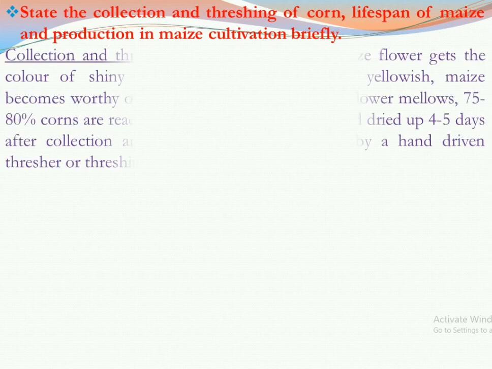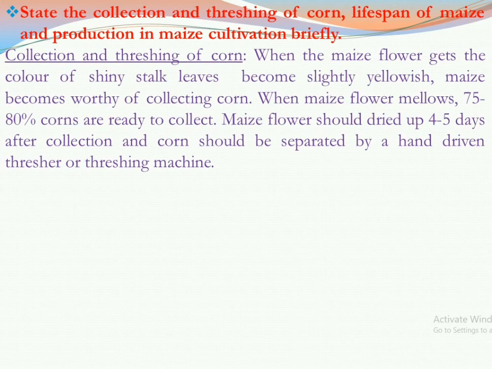Now let us know about some other things like threshing of corn, lifespan of maize, and production in maize cultivation. Now, collection of corn: when the maize flower gets the color of shiny stalk leaves becoming slightly yellowish, maize becomes worthy of collecting corn.